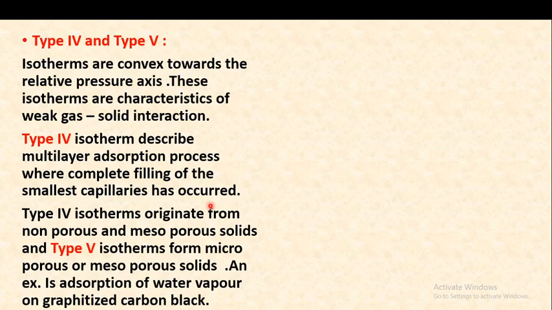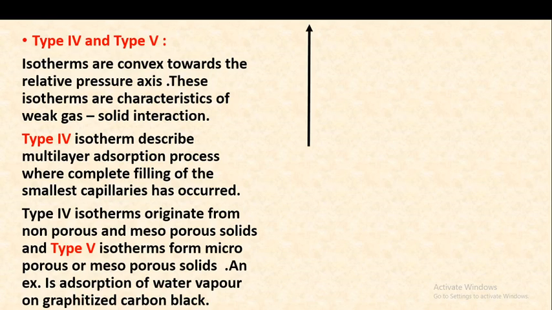In the type 4 isotherms, these originate from the non-porous and mesoporous solid, but type 5 isotherms originate from the microporous and the mesoporous solid. And the example is the adsorption of water vapor on graphitized carbon black. Means this is an example of type 4 and type 5 isotherm.